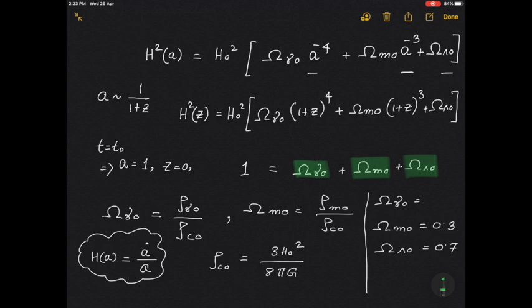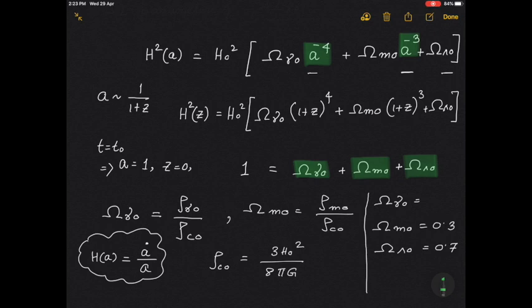These components change with time, or with scale factor, differently. For example, the density of the radiation changes as a to the minus 4. The density of matter changes as a to the minus 3. And the constant component obviously doesn't change with time.